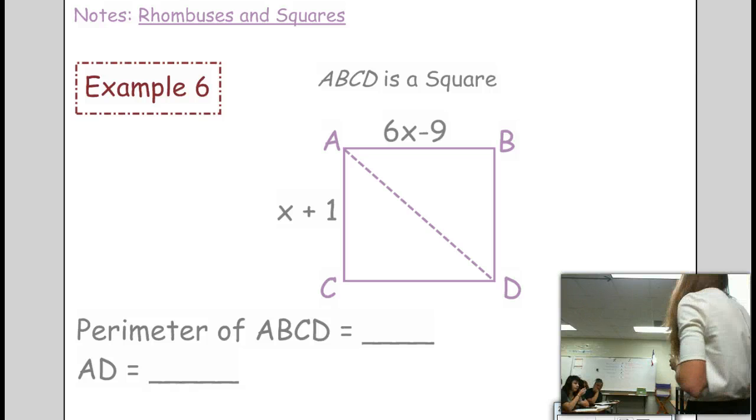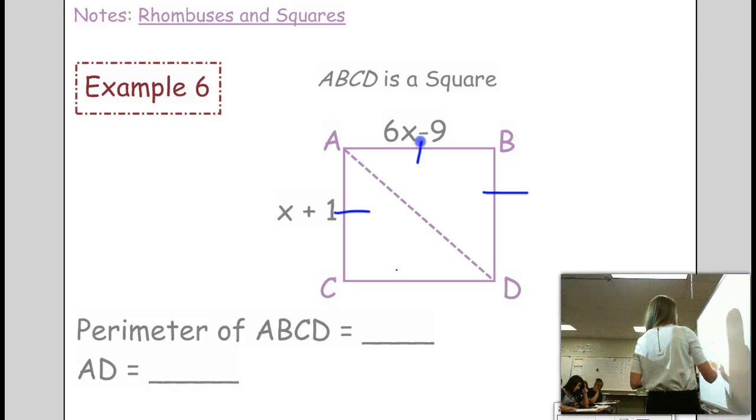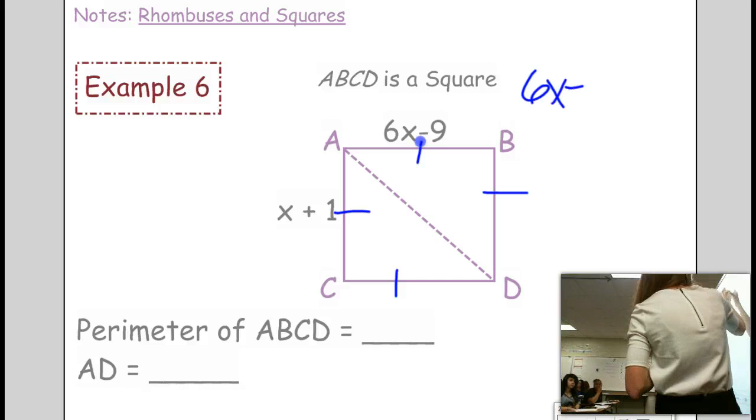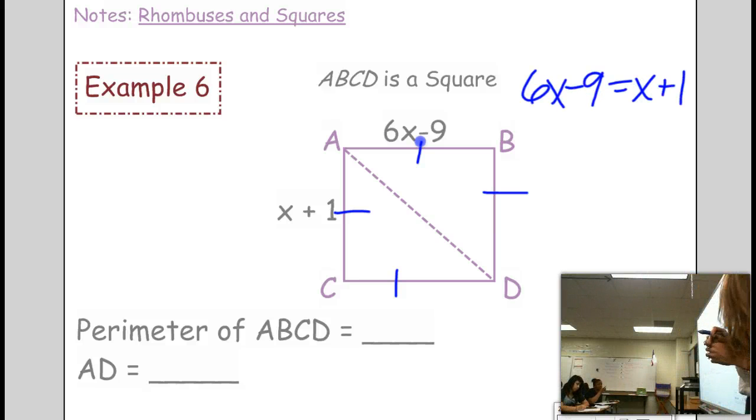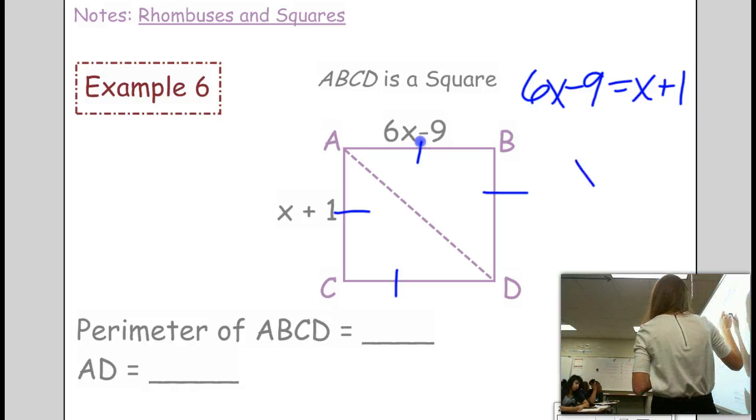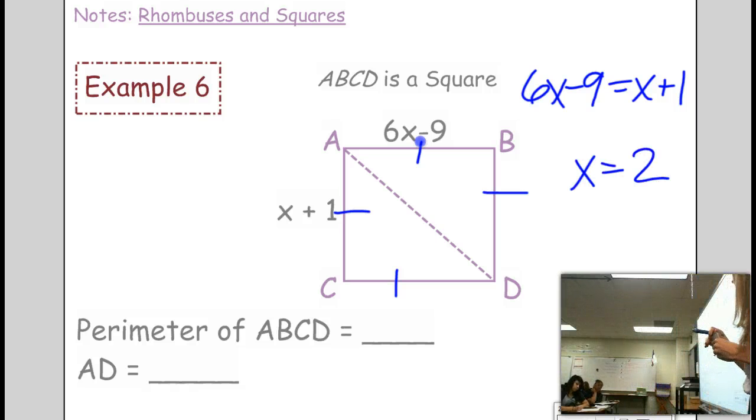Equals. There we go. If it's a square, all sides are congruent, so they equal each other. 6x minus 9 equals x plus 1. 5x equals 10. X equals 2.